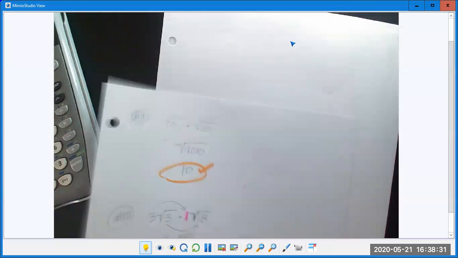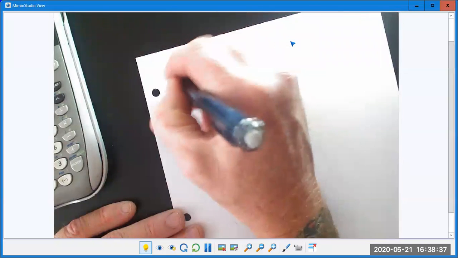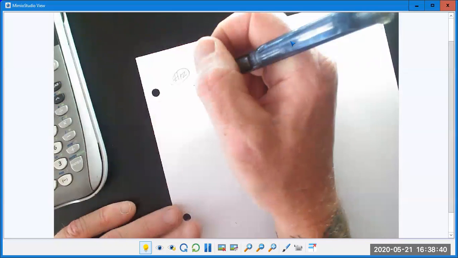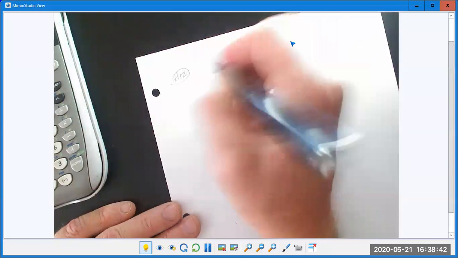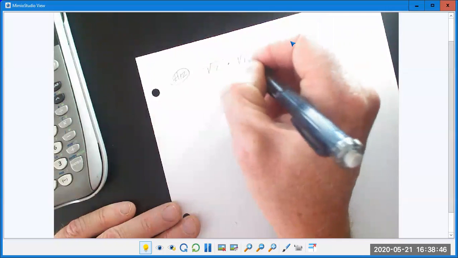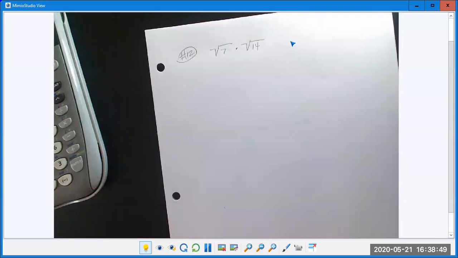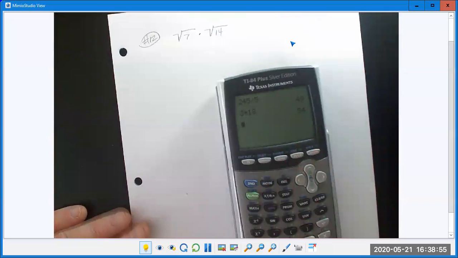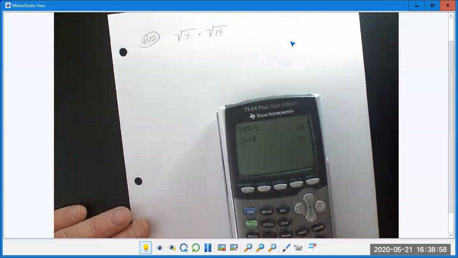All right, now we have 12, 13, and 14. Number 12, simplifying radicals. I have radical 7 times radical 14. Interesting. Okay, so if I take radical 7 times radical 14, I can just do 7 times 14.